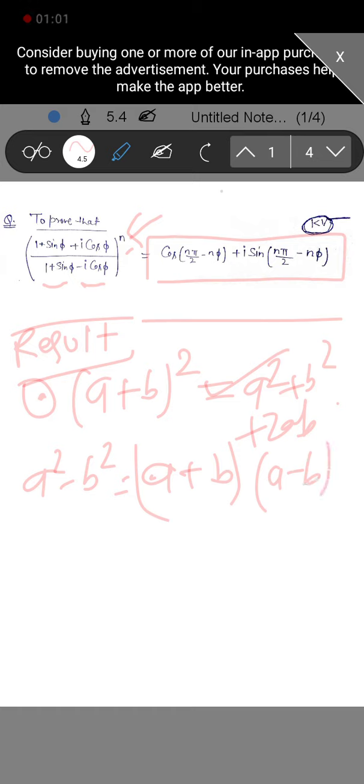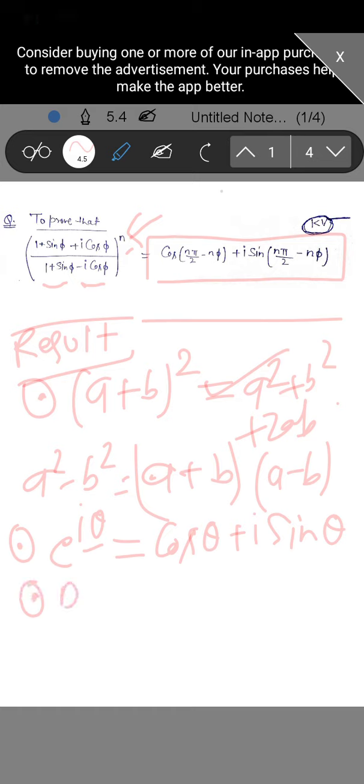This is the second result. And the third result I'm going to use is e to the power iota theta. Do you know what we write? This is a complex number in polar form, and its Cartesian form is written as cos theta + iota sin theta. This is the third formula we use. We also use De Moivre's theorem.